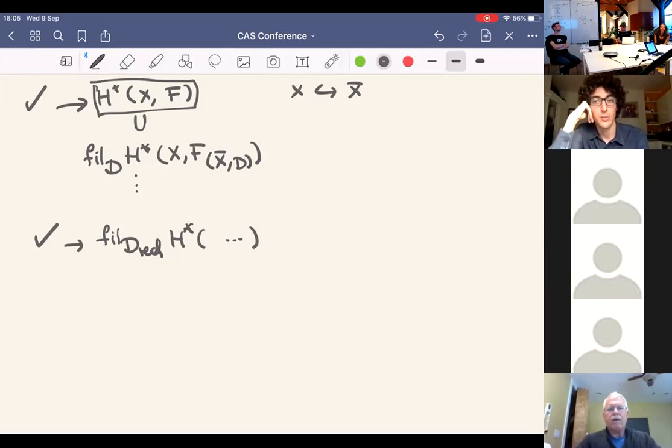At the end of the day, we claim that logDM étale with torsion coefficients prime to the characteristic is equivalent to DM with torsion coefficients prime to the characteristic. But that's a conjecture. Okay. Okay. Thanks.